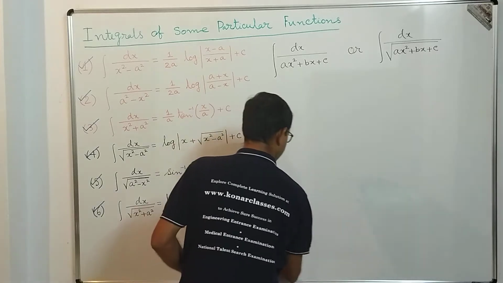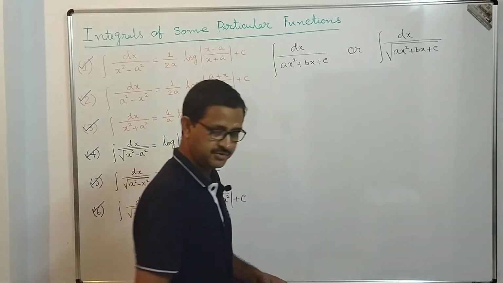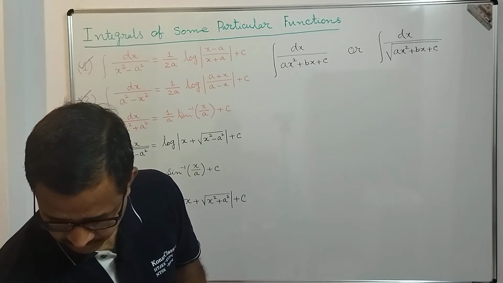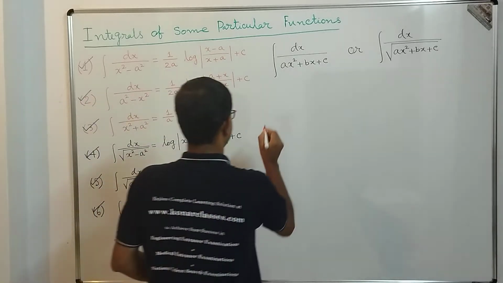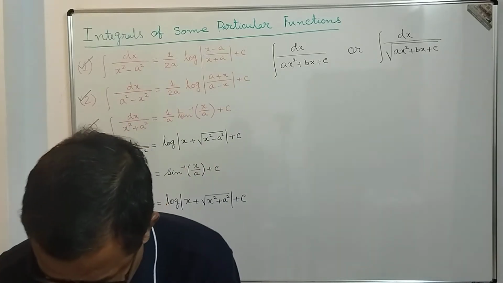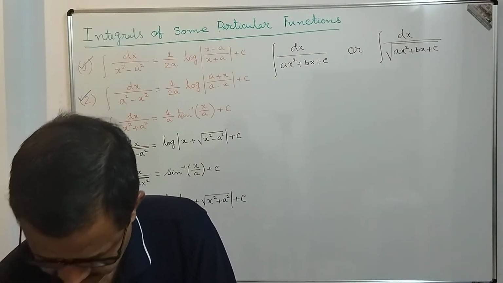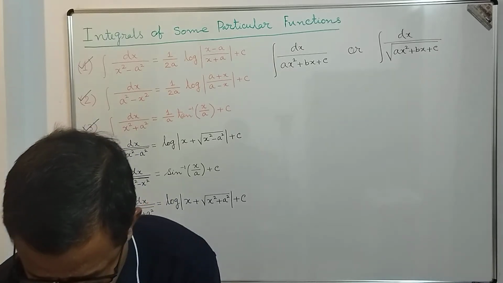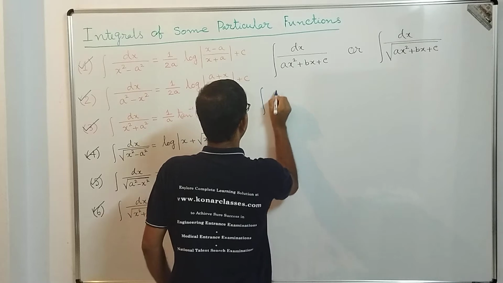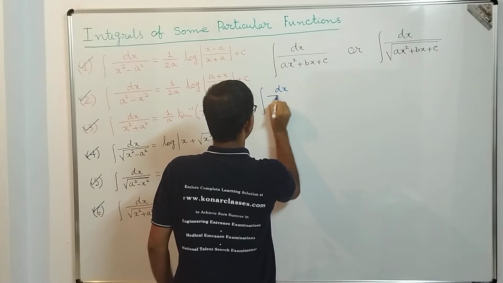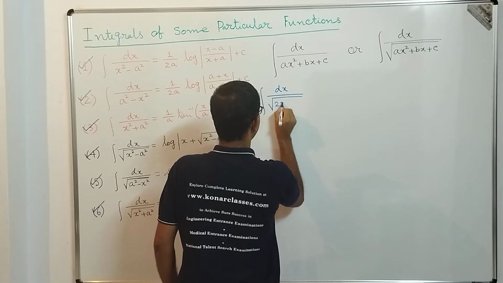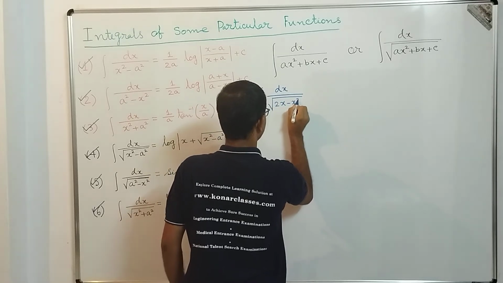Okay, dear students, the first one: integration dx by square root of 2x minus x square. So let me use a different color. Integration dx by square root of 2x minus x square.